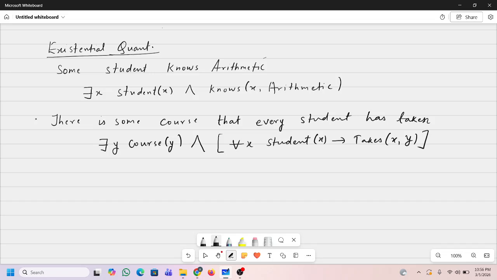So for all x, if x is a student, then he has taken the course y. Right, so this is the solution.